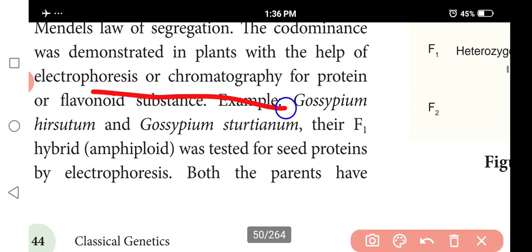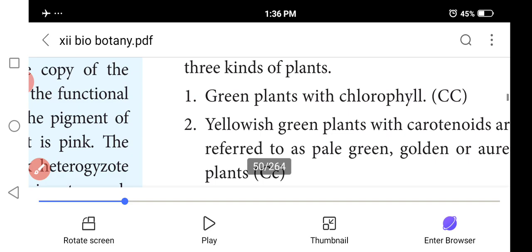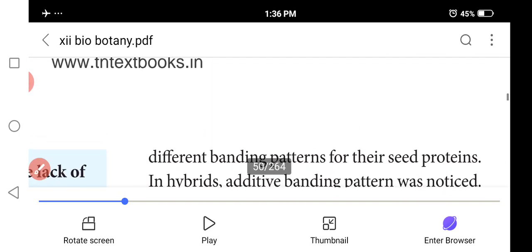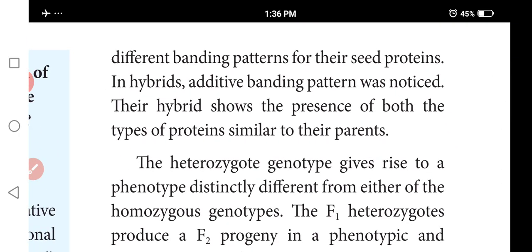How do we find this out? With electrophoresis and chromatography, you find out the independent expression of these two alleles. Both parents have different banding patterns.